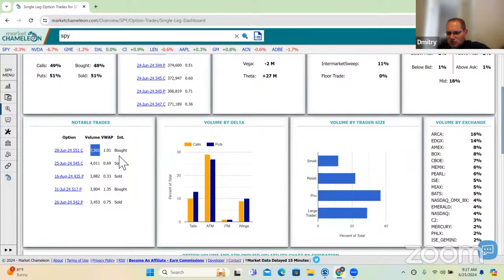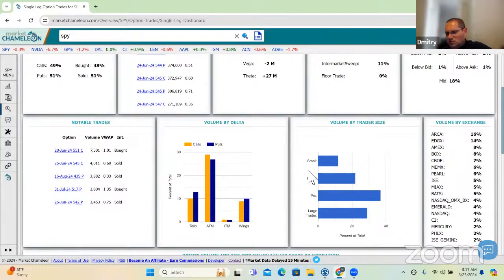So here's the distribution. We have 4 categories here. One is the small trader, which we look at as really anything under 10 contracts, with a notional value, I believe, under $10,000. We would categorize that as generally in the smaller category.